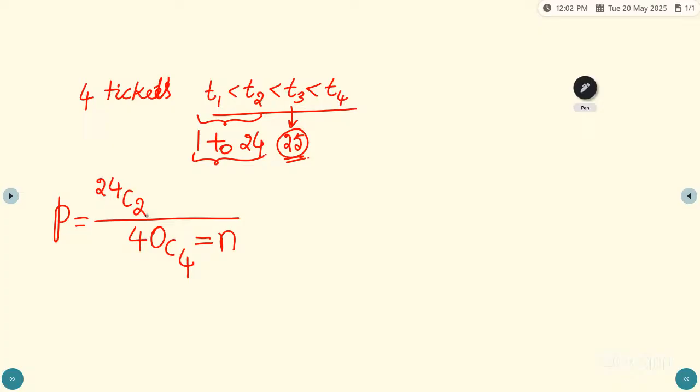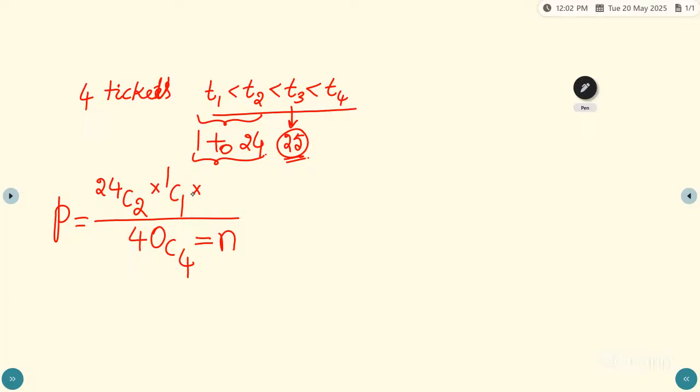Okay, right. The first two tickets can be chosen from 1 to 24 in 24C2 ways. And whenever it is "and", it is multiplication. The 25th ticket must be the third one, which is favorable, and that is only one chosen out of one.